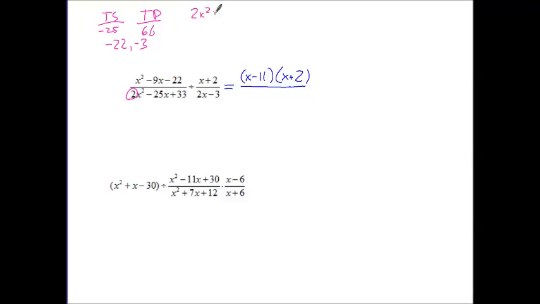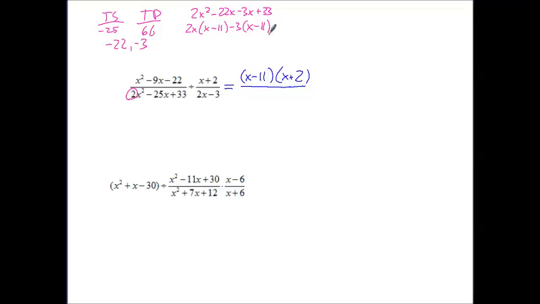2x squared, you can do that in the left margin of your note page. 2x squared minus 22x minus 3x plus 33. Now factor by grouping. 2x squared and negative 22x have 2x in common and are left with x minus 11. And negative 3x and 33 have negative 3 in common and are also left with x minus 11.